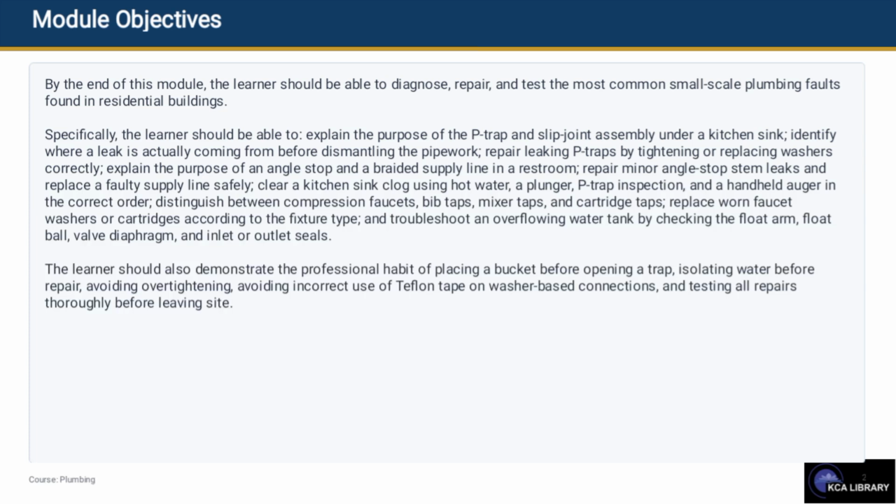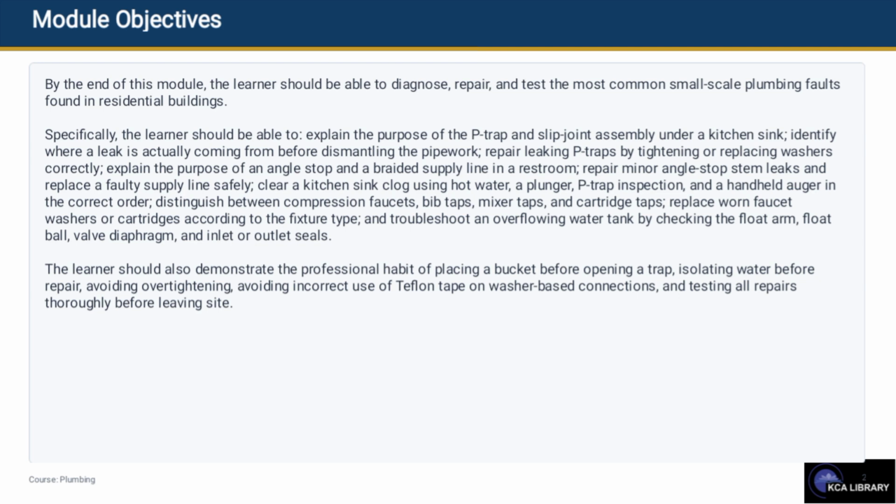So, by way of module objectives, by the end of this module, the learner, which is you, should be able to diagnose, repair, and test the most common small-scale plumbing faults found in residential buildings. Specifically, the learner should be able to explain the purpose of the P-trap and slip joint assembly under a kitchen sink.